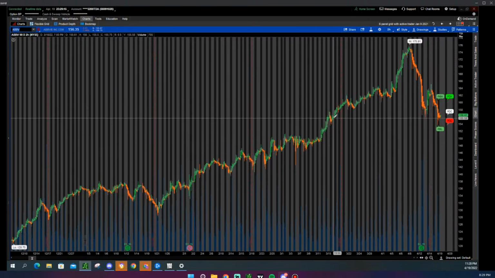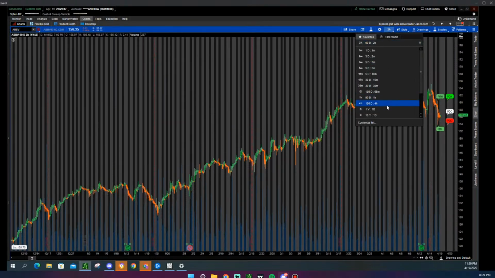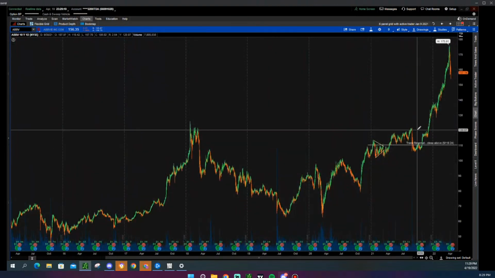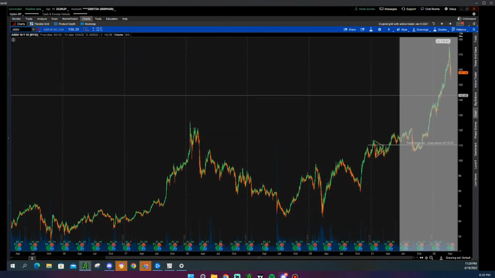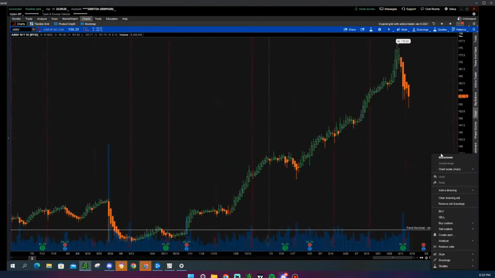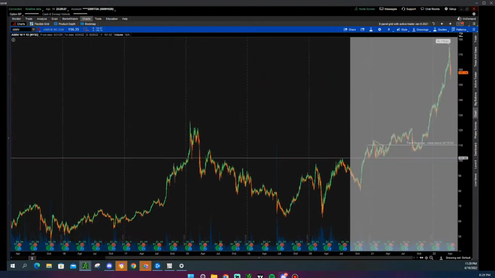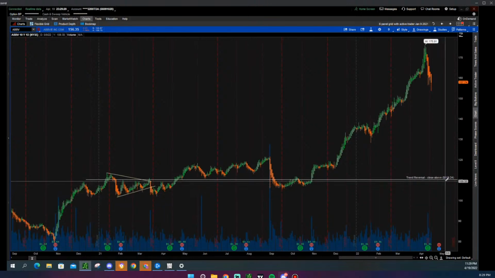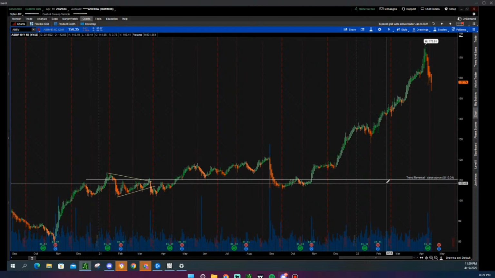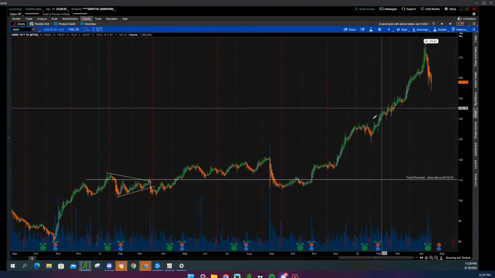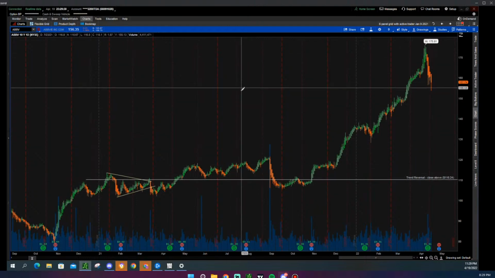Yeah, this is ready to explode, guys. Bullish, full send right at the weekly bottom. I said trend reversal, close above 110. Did that work or what? It reversed.